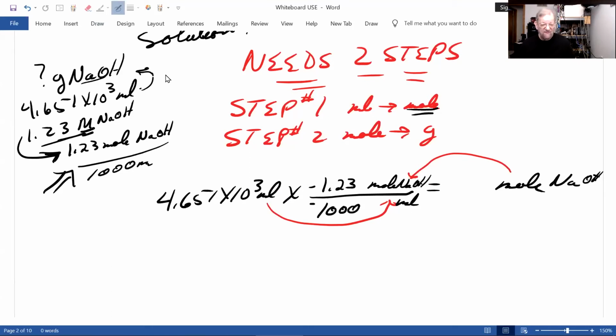How many significant figures? All non-zero numbers are significant. 1, 2, 3, 4. 4 significant figures. How many here? Ooh, 1, 2, 3. 3 significant figures. 1,000 is part of a definition, therefore, and it's an exact number, which doesn't play a role.